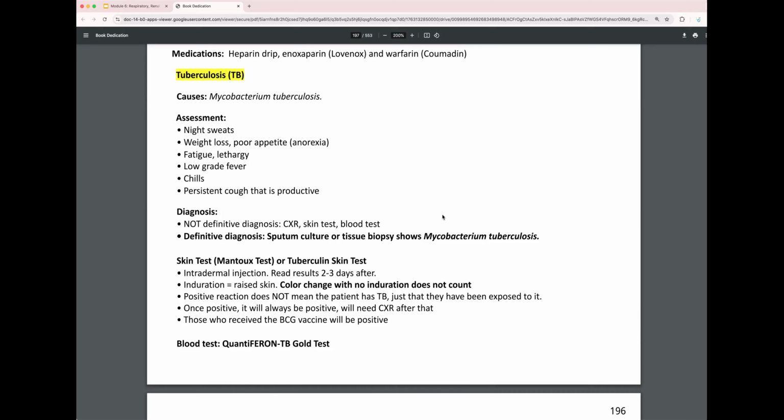So these are not definitive diagnoses, but these can point the healthcare provider in the direction if they need to do further testing. So chest x-ray, the Mantoux skin test, or a blood test can be used to indicate that the patient might have tuberculosis. However, to definitively diagnose tuberculosis, that is only done through a sputum culture or tissue biopsy.